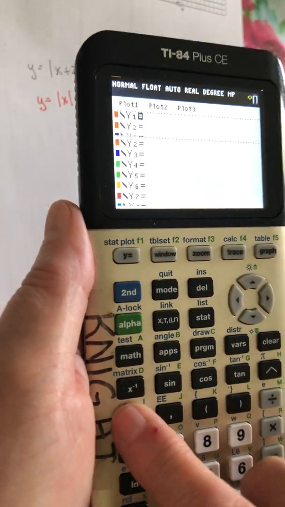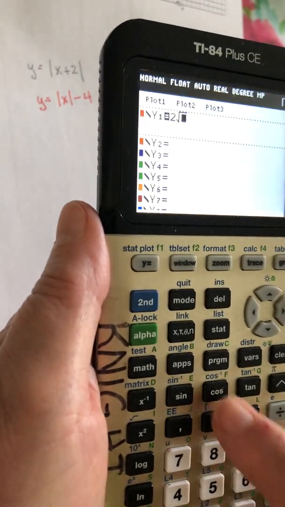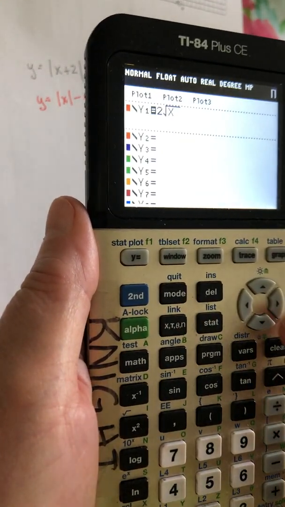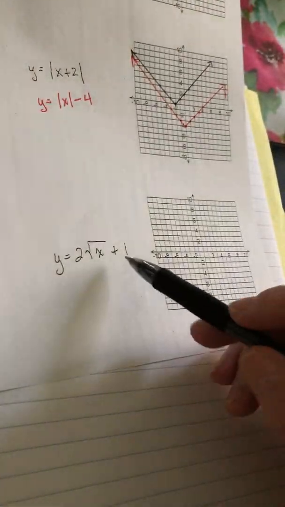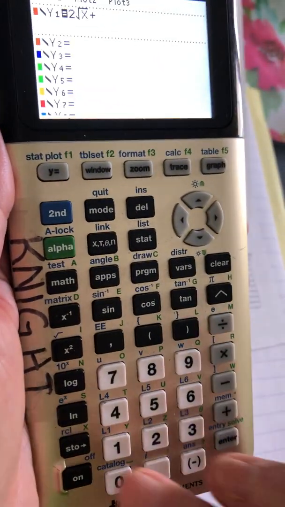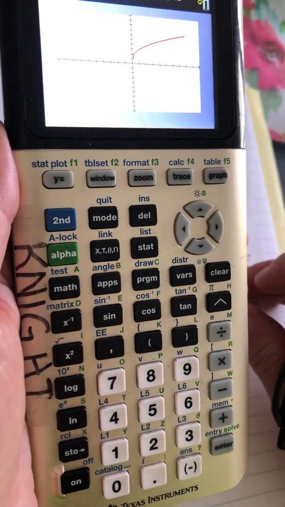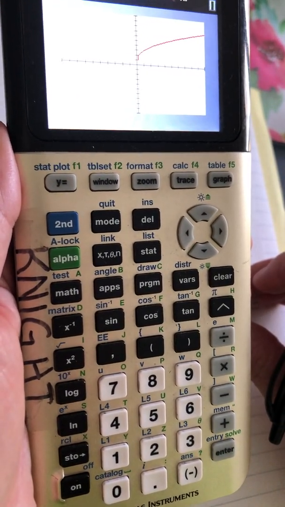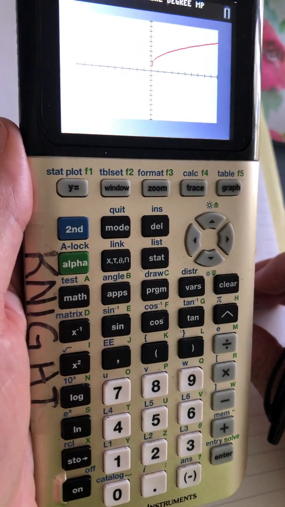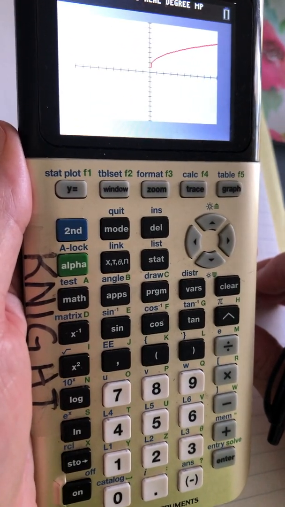Second, x squared. I want to put in my x, and I want to arrow out, because that +1 is not under the radical. +1 graph. Now, I did put that 2 there for a reason, because it makes the curve a little bigger.